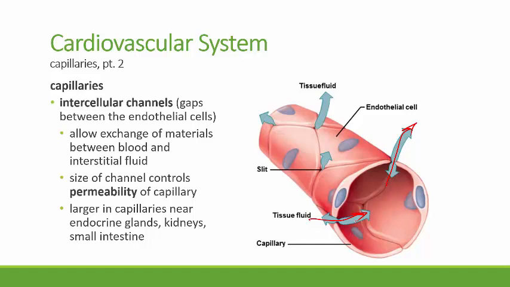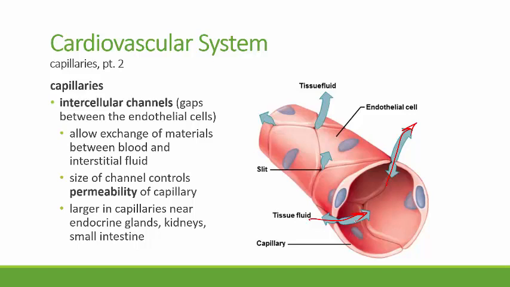These intercellular channels are larger near endocrine glands where we're trying to pick up hormones, and so that will allow more of that hormone to be transferred into the blood. They're large around the small intestine where we're trying to pick up lots and lots of nutrients.